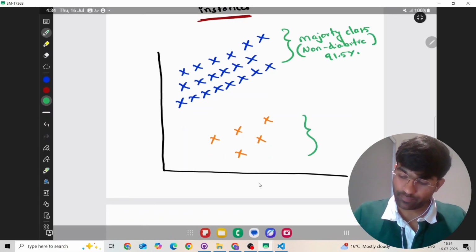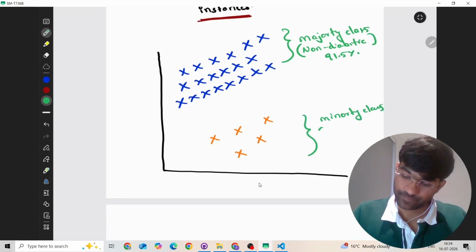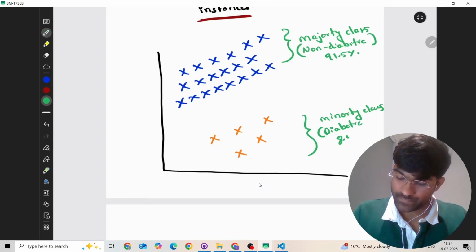And these data points are the minority class, diabetic, 8.5%.